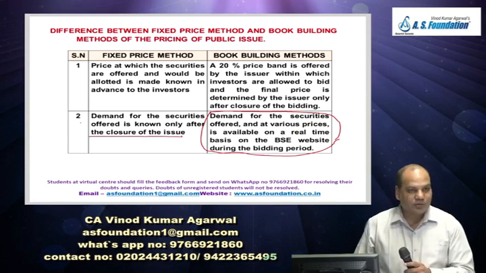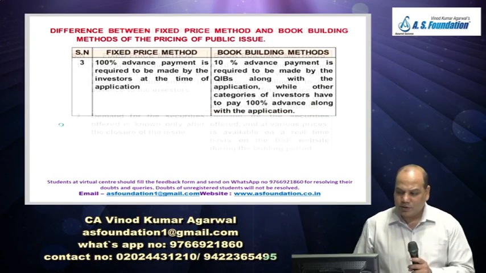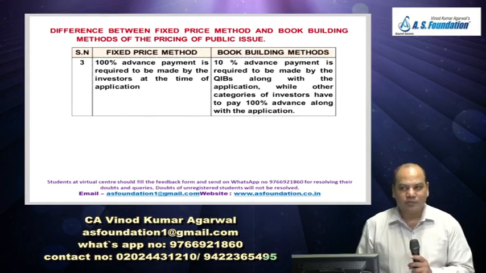So many paragraphs remain in the book, but actually they are not relevant today. Even in fixed price, they can find out at every point of time. Okay. Then in the fixed price method, 100% advance payment is required to be made by the investor at the time of application. Whatever is the application money, you have to pay.